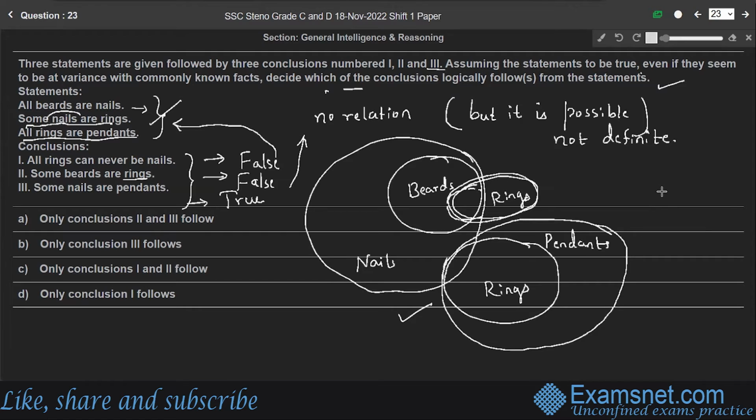So some nails are pendants also, because of the third statement, all rings are pendants, right? Therefore, the third conclusion is true. Therefore, only conclusion 3 follows. Option B is the right answer.